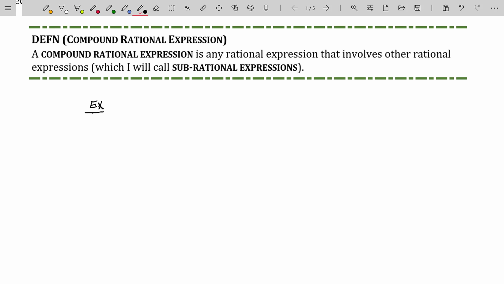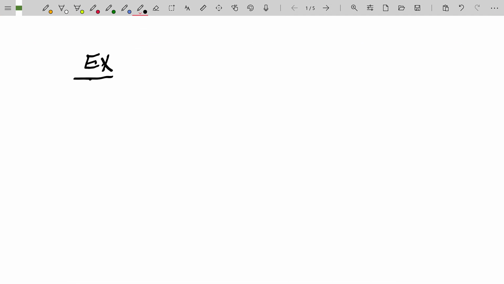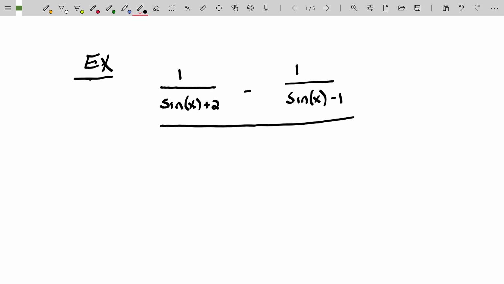For example, consider the rational expression 1 over the sine of x plus 2 minus 1 over the sine of x minus 1, all over 11 over the cosine of x plus 17 over the square root of x, or some silliness like that.